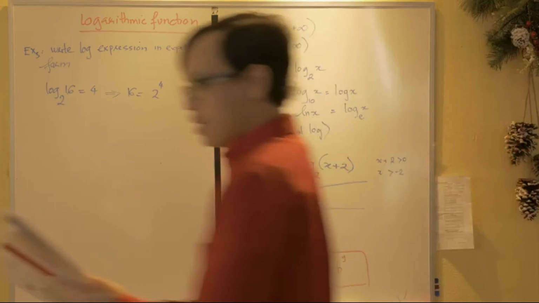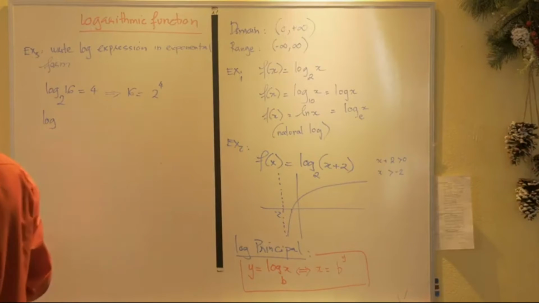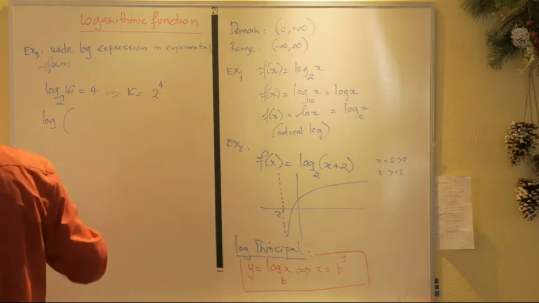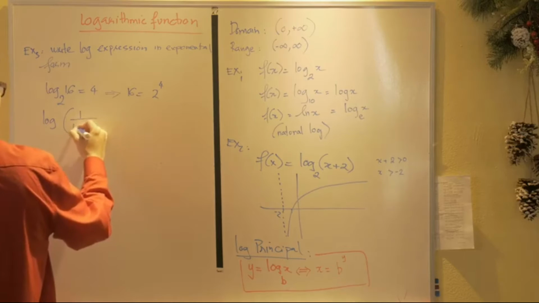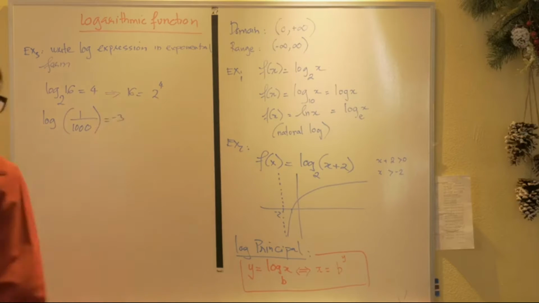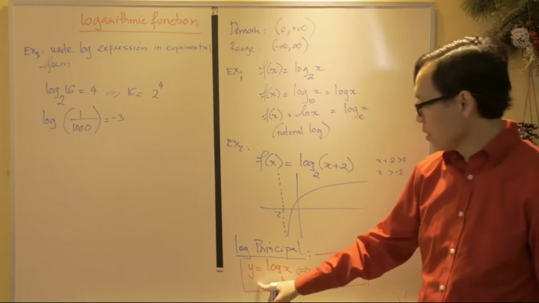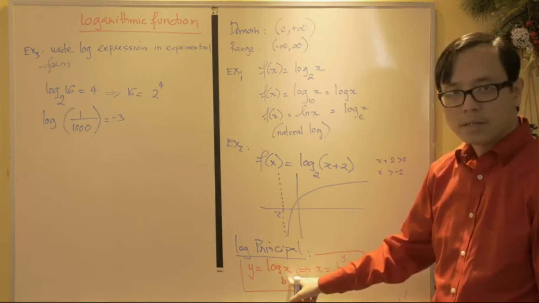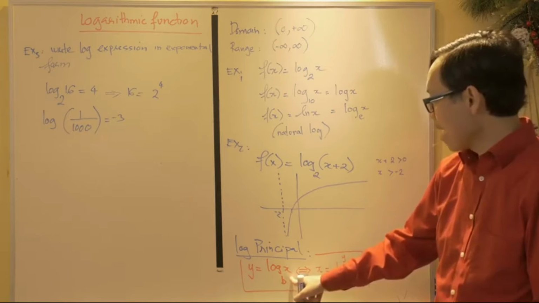Or I can have something like this: log base 10, and because it's base 10, I don't need to write the base. The argument is 1 over 1000, equal to negative 3. So the y can be negative. However, the b cannot be negative, and the x must be greater than 0, in this case the argument.